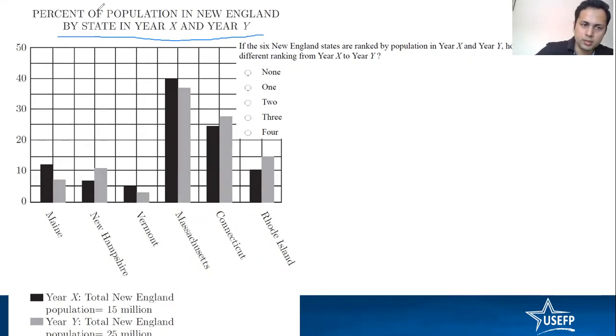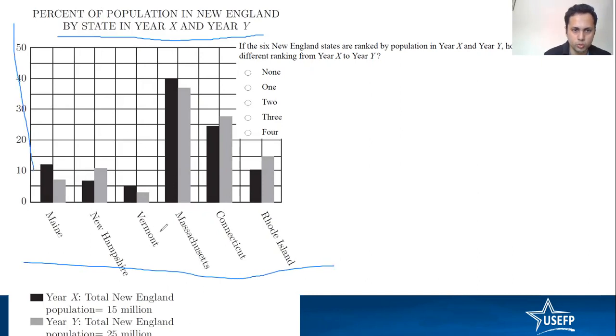After reading the title, you read the axes, the x-axis and the y-axis. There are 6 states given. Then you read the legend. In year X, the total population was 15 million. In year Y, the population increased to 25 million.